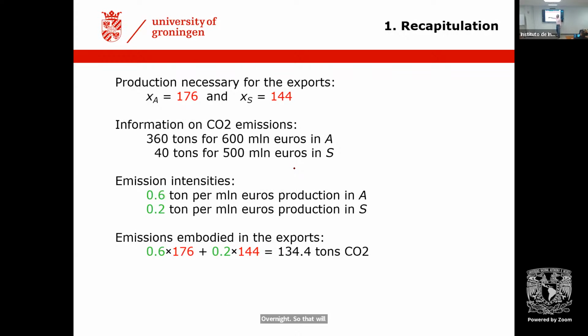So that would be 1.6 ton per million euros, and the same in services. So in that case, the emissions embodied in the exports, you do 0.6 times 176 and 0.2 times 144.